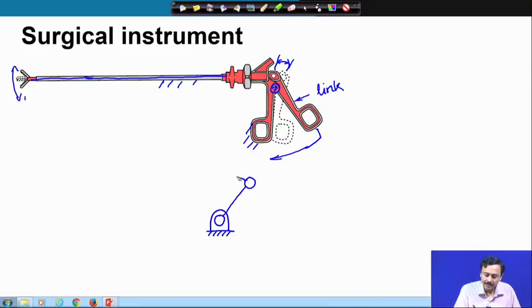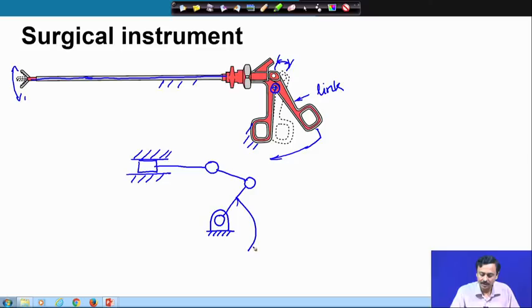This is connected by another hinge to this rod, which moves inside this cylinder. So, remember, this is our hand grip.